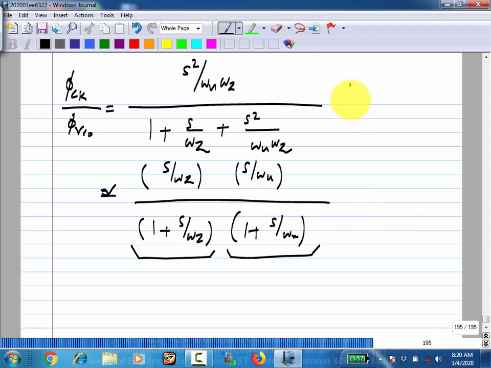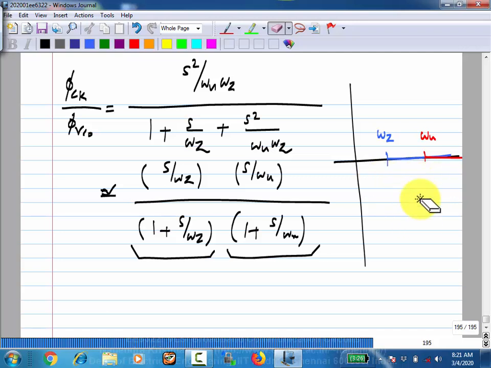Okay? So the first term here looks like this, where this is omega_z. The second term here looks like this, where this is omega_u. What will the product look like? Let me draw the curves a little shallower.